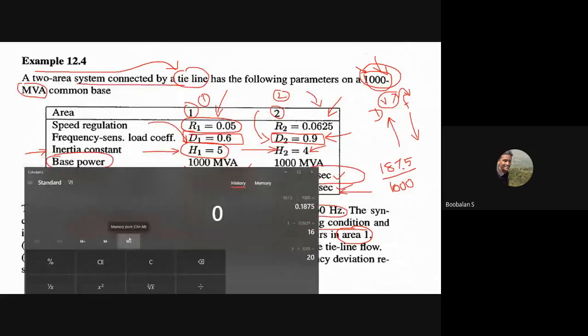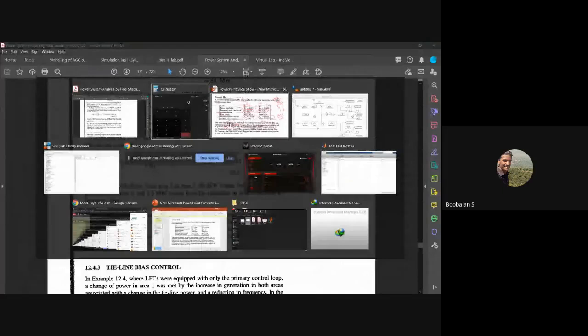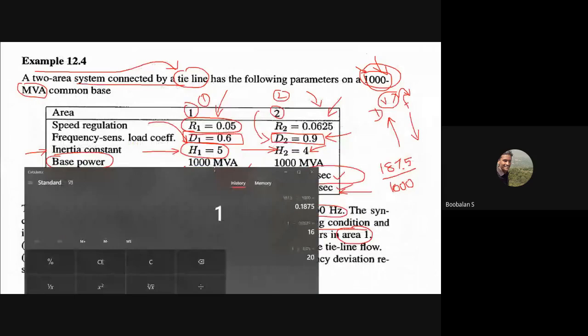D2 by R2, I guess, right? Once again, what is the formula? D2 plus 1 by R2. What is that 1 by R2 value? R2 value is 0.0625. 1 divided by 0.0625 is 16. Now 16 plus D2, right?